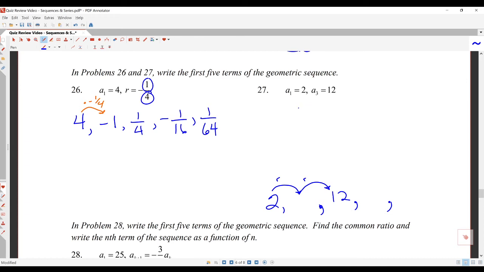So let's walk through the process. This is where we do something similar to what we did with the linear, where I imagine plugging in 1 and 2 into the general form of the equation. So remember that form is that a_n equals a_1 times r to the n minus 1. This is that formula you need for geometric sequences.